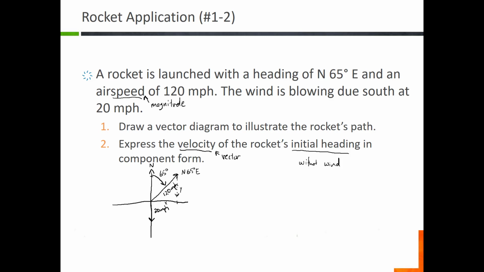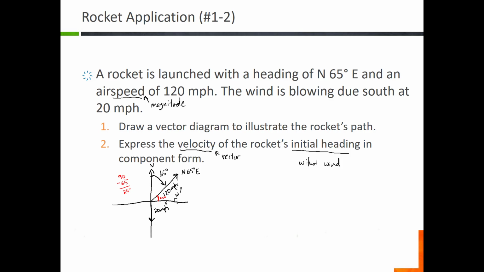That's based off the 65 degree angle, but notice it is on the outside. If we think of this as a right triangle and the 65 degrees is outside, what is the angle inside? 90 degrees minus 65 is 25 degrees, so this angle in here is 25 degrees.